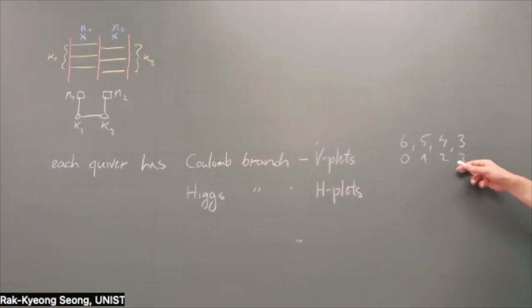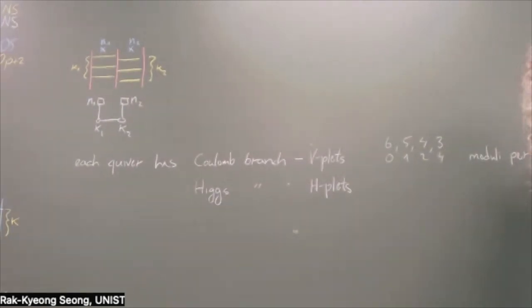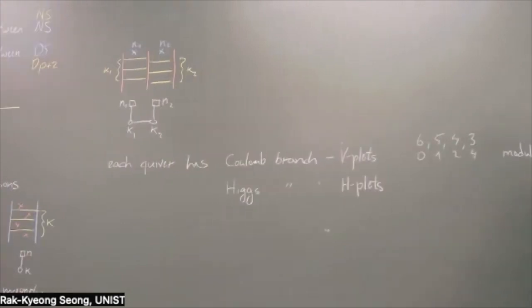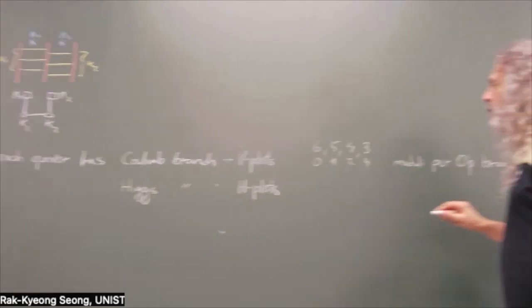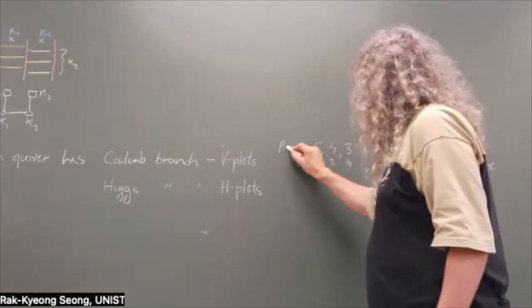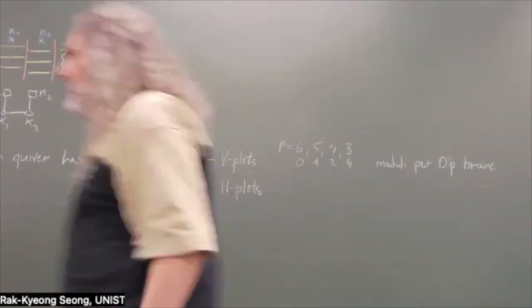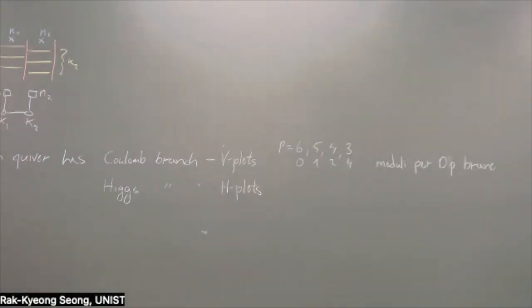Here actually it's becoming 4. Moduli per these three branes, these D3 branes. Any questions?